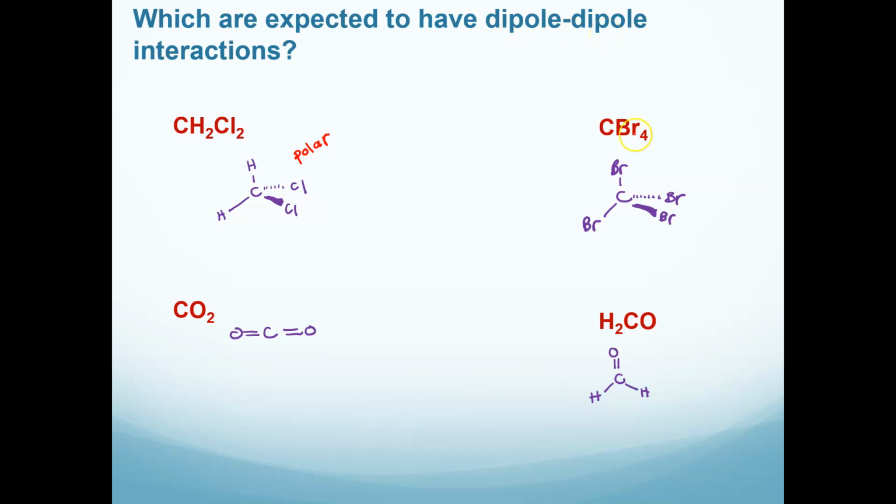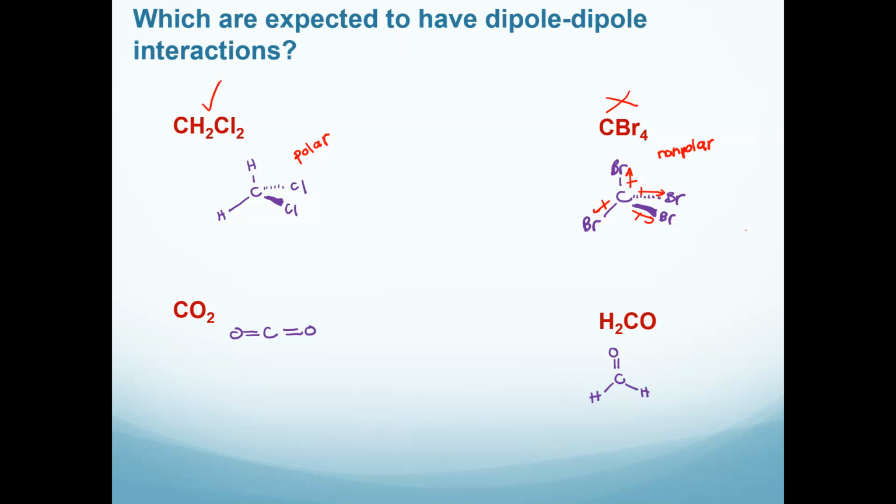For carbon tetrabromide, notice that we have symmetry now. If we draw our dipole moments, all four of these dipoles are going to cancel each other out. So anytime you have all the same substituent, this is going to be nonpolar. We would not expect this to have dipole-dipole interactions, but for dichloromethane, we would.